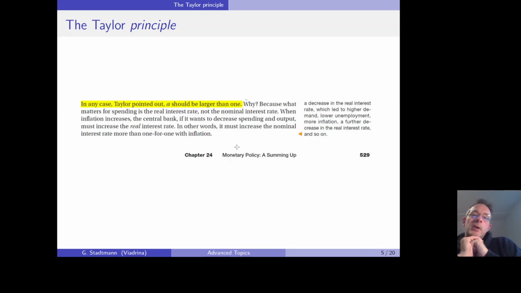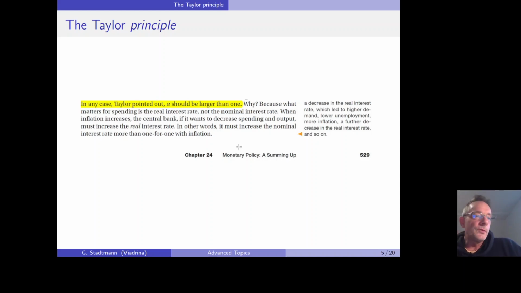So when the inflation rate increases, the central bank, if it wants to decrease spending and output, must increase the real interest rate. In other words, it must increase the nominal interest rate more than 1-for-1 with inflation. So this seems to be interesting.